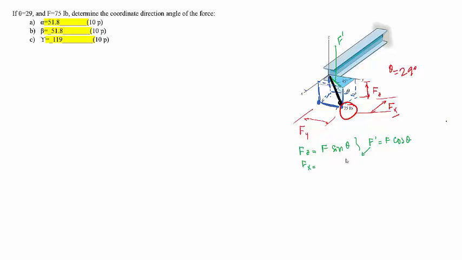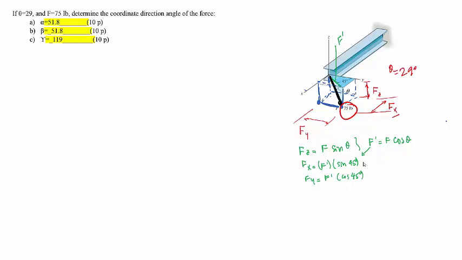So now Fx would be F prime times sine, in this case, of 45. And then Fy is going to be F prime times cosine of 45.